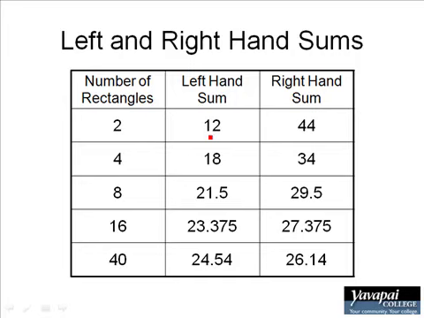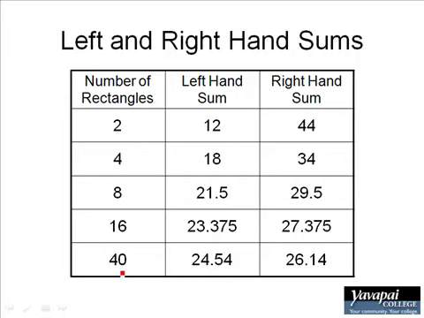So when I had 2 rectangles, I had an underestimate of 12, but an overestimate of 44. When I had 4 rectangles, I had an underestimate or a left-hand sum of 18 and an overestimate or a right-hand sum of 34. And what you'll notice is I increased the number of rectangles. I got these 2 estimates, the left and the right-hand sum, to be closer and closer.